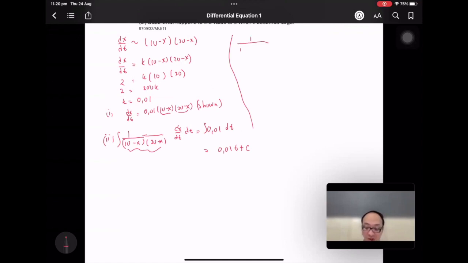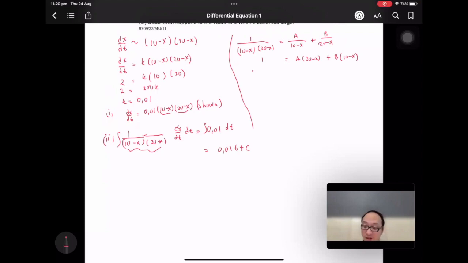1 over (10 minus x)(20 minus x) equals a over (10 minus x) plus b over (20 minus x). So I can write a times (20 minus x) plus b times (10 minus x) should be equal to 1. I ignore the denominators since they will be the same.